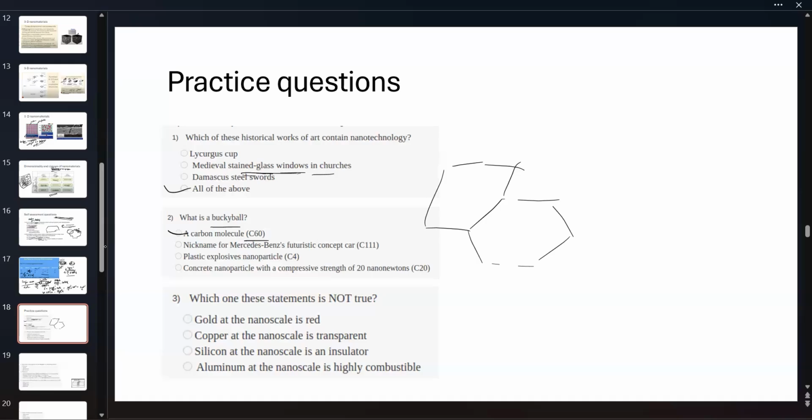Great, last thing. Which one of these statements is not true? Gold at nanoscale is red. True.